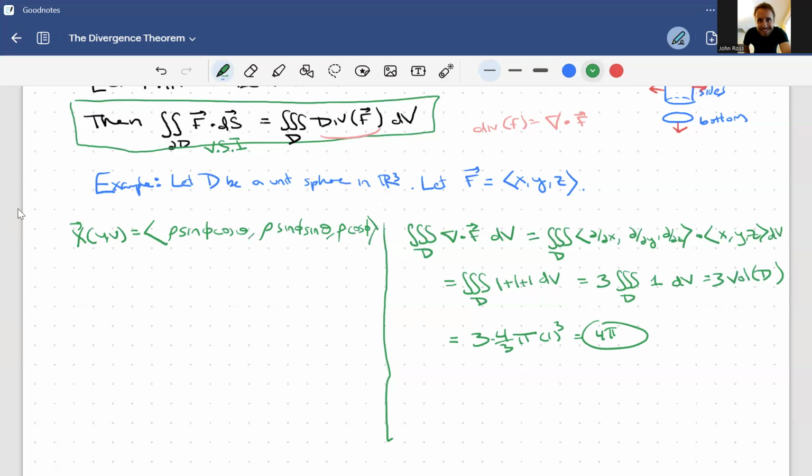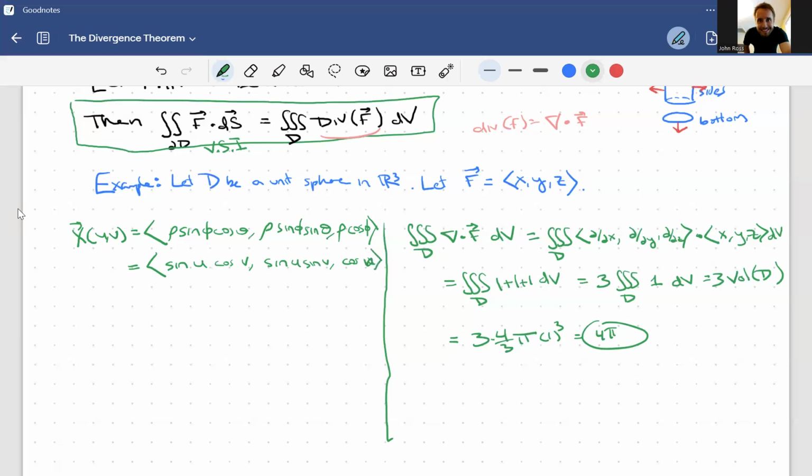And then because we are letting rho equal 1, and phi and theta are u and v, the 1 is implied there. This will be sine u cos v, sine u sine v, cos u. I'm letting my u play the role of my phi here.